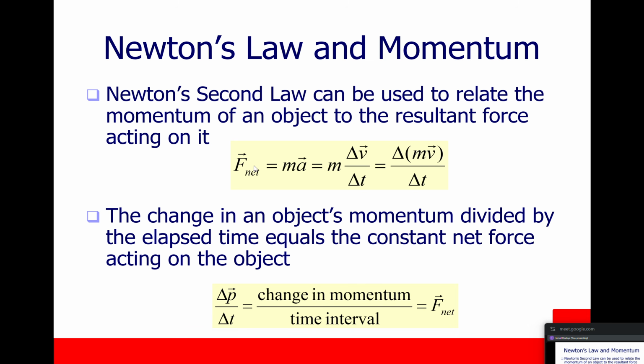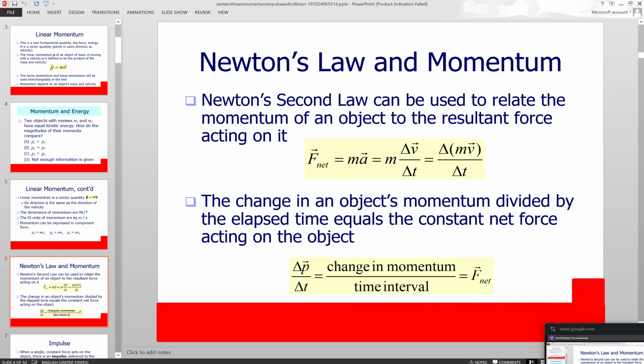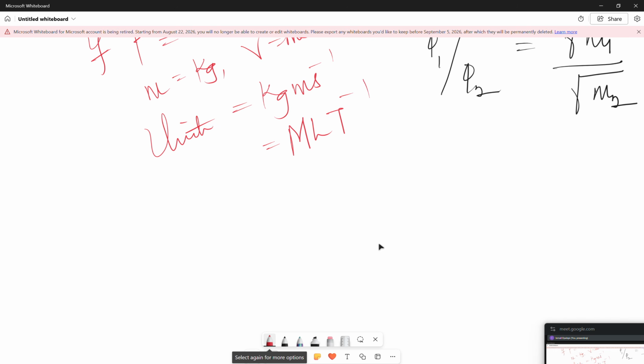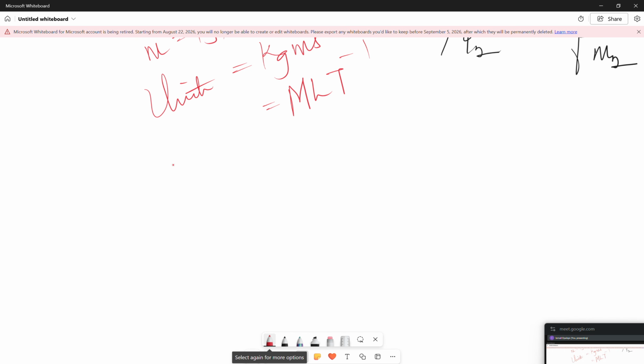Remember, the second law states that the force that tends to cause motion is directly proportional to the rate of change of linear momentum. Do you copy that? Yes, sir. The Newton's second law.